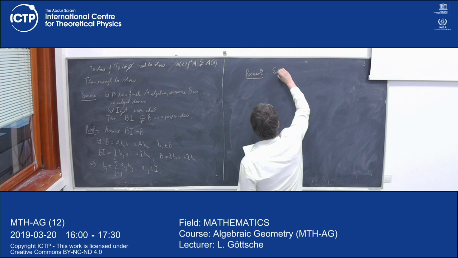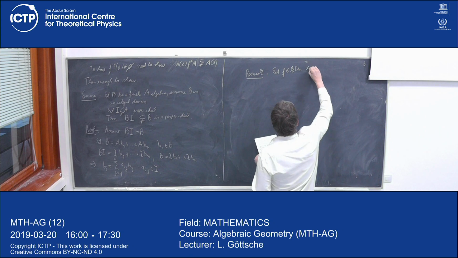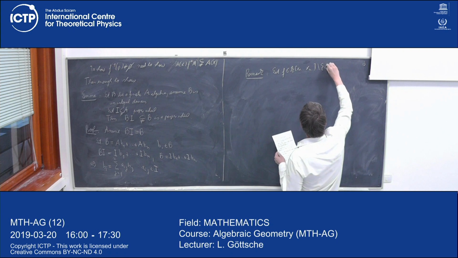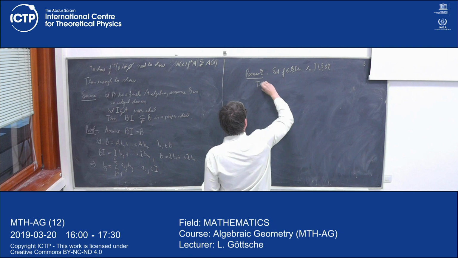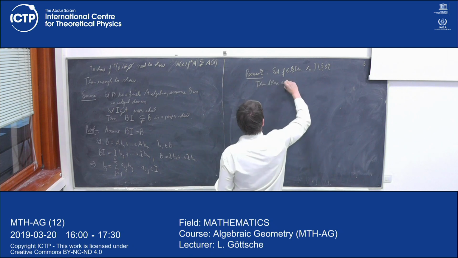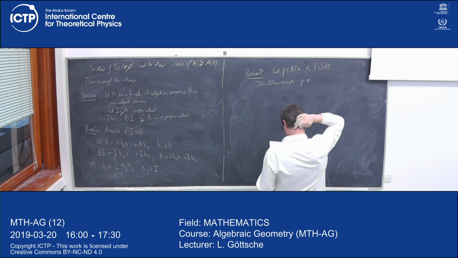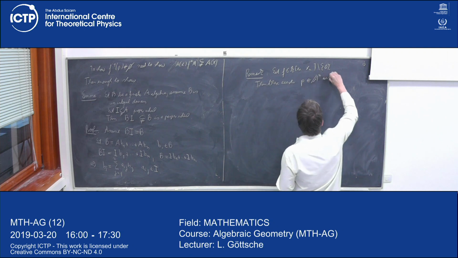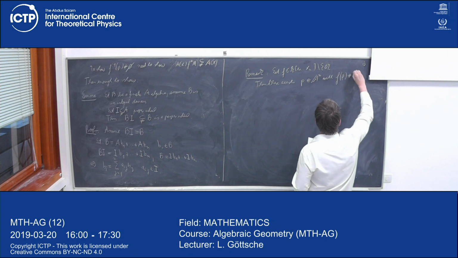Let f in k[x1, ..., xn] be some non-zero polynomial. It's actually a rather trivial thing, but I just want to state it. Then there exists a point P in A^n with f(P) different from 0.